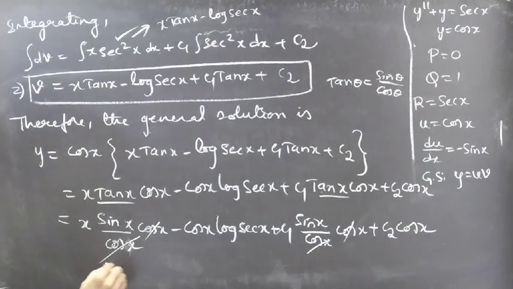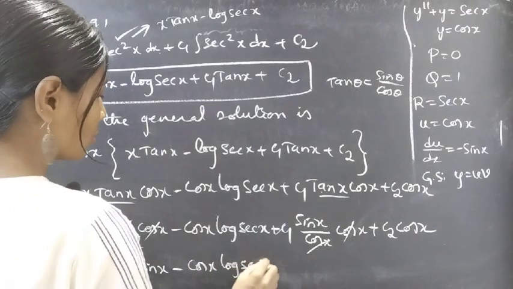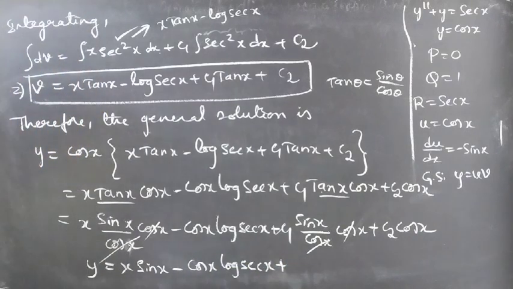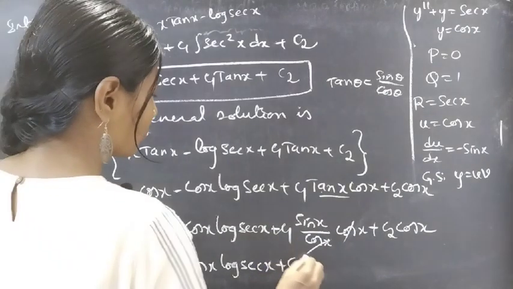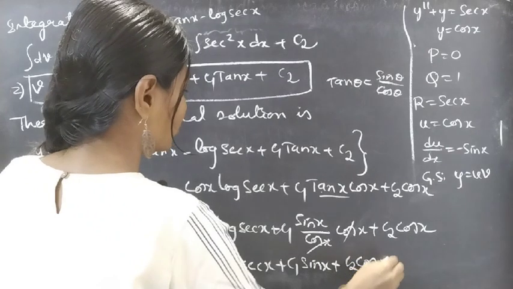Then we'll get y equal to x sin x minus cos x log secant x plus c1 sin x plus c2 cos x.